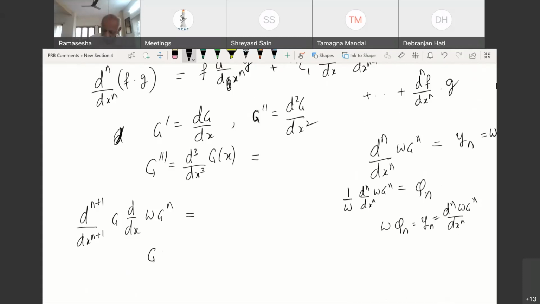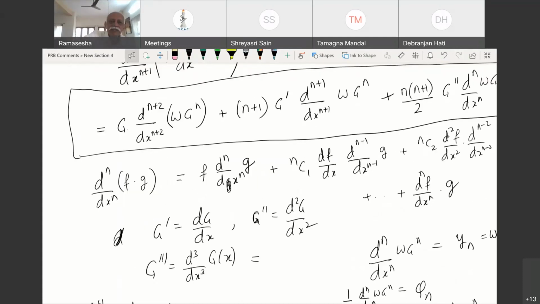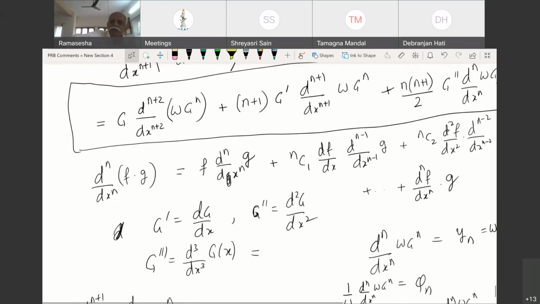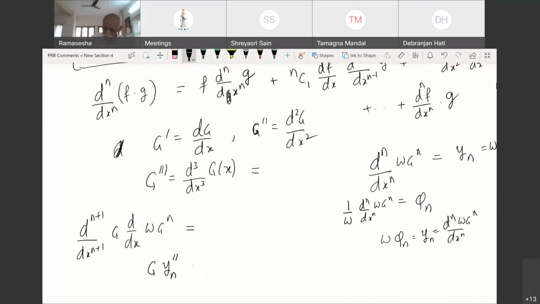So this will give me g times Yn double prime, because d^n upon dx^n of W g^n is Yn, so it will become Yn double prime. Okay. Plus (n plus 1) g prime Yn prime.